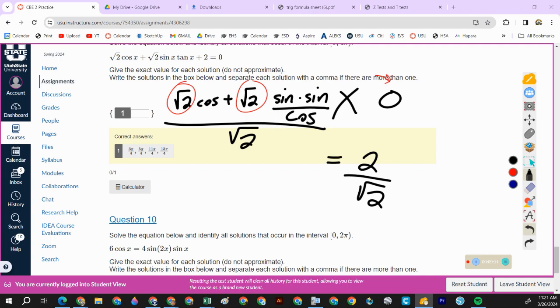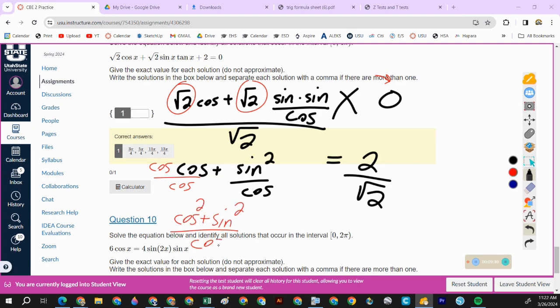All right. Now on the left side, we have cosine plus sine squared over cosine. Let's have a common denominator, cosine over cosine. So the top becomes cosine squared plus sine squared over cosine is equal to 2 over root 2.